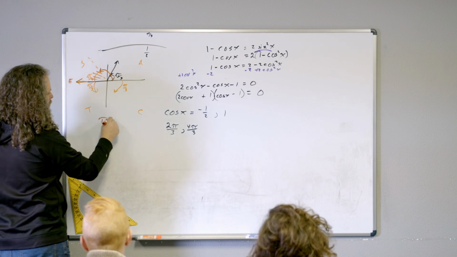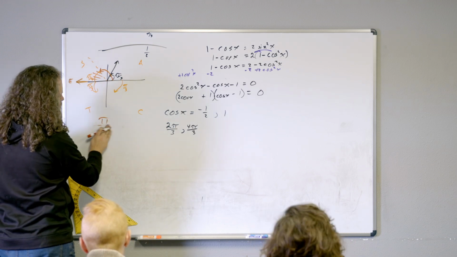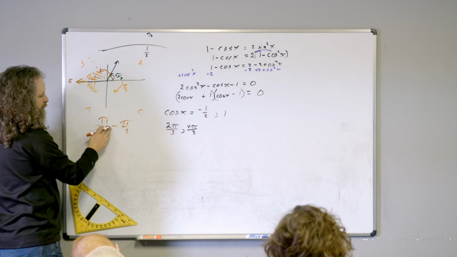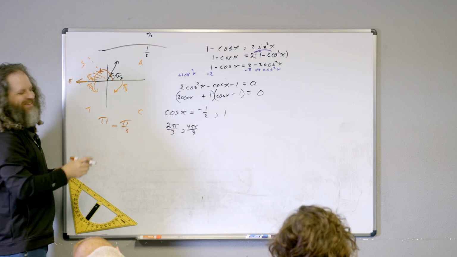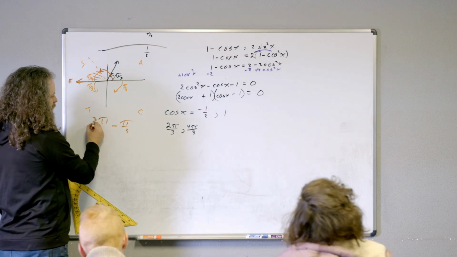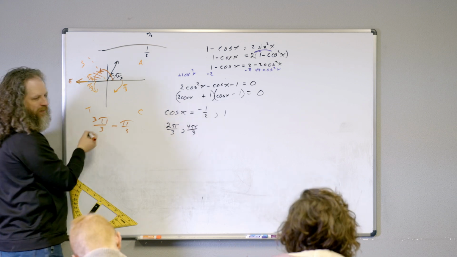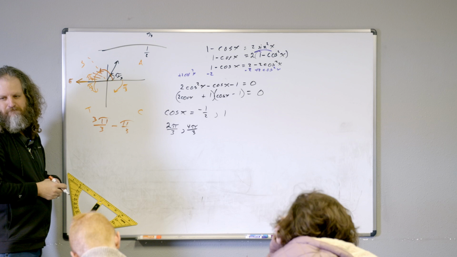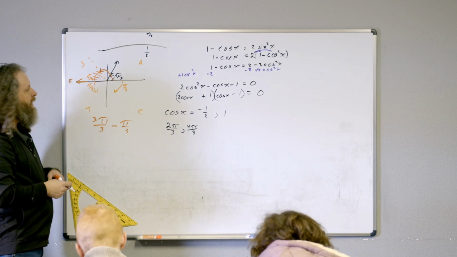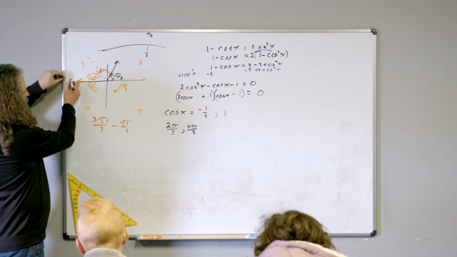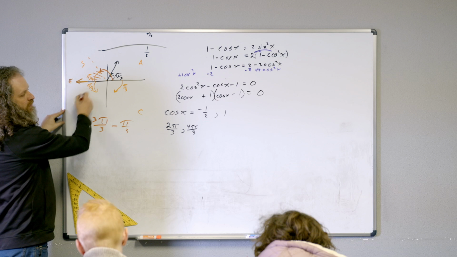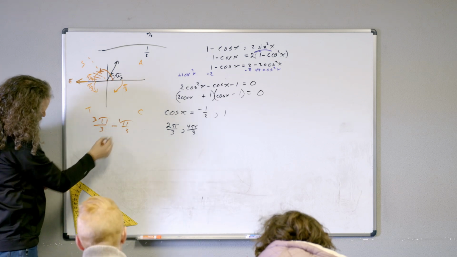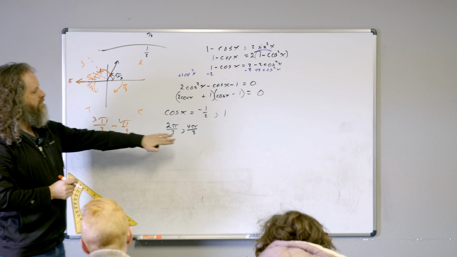So pi minus pi over 3, turning this into 3 pi over 3 minus pi over 3, which gives us 2 pi over 3. And to get to this one, you do pi plus pi over 3, so 3 pi over 3 plus 1 pi over 3, which gives us 4 pi over 3.